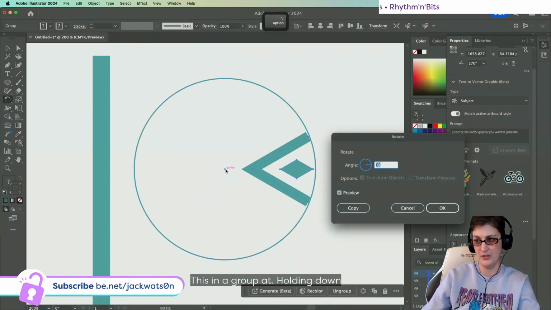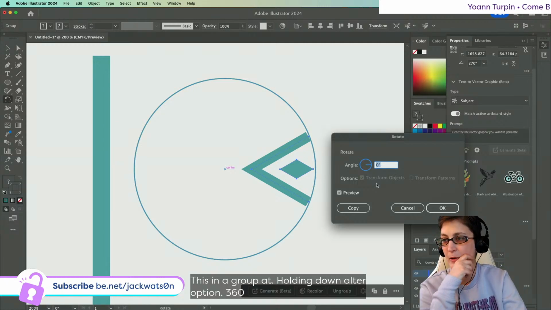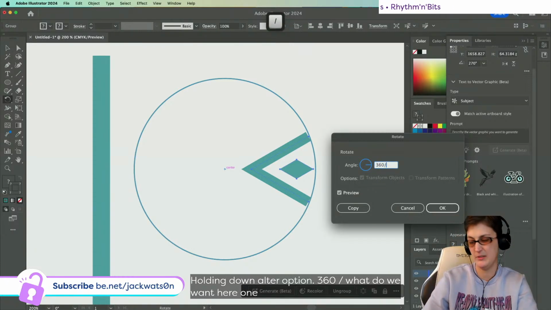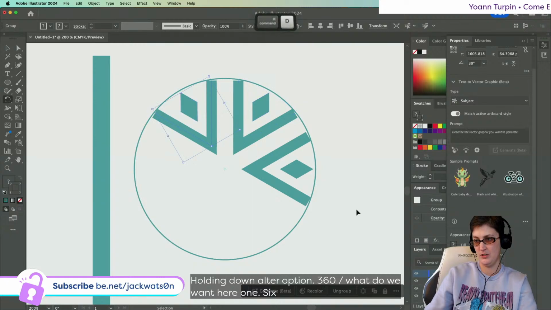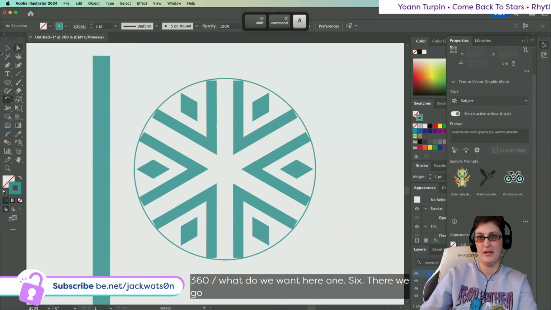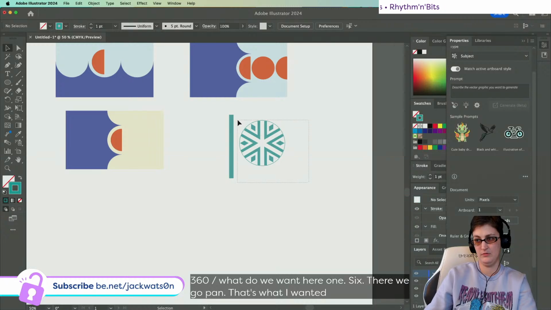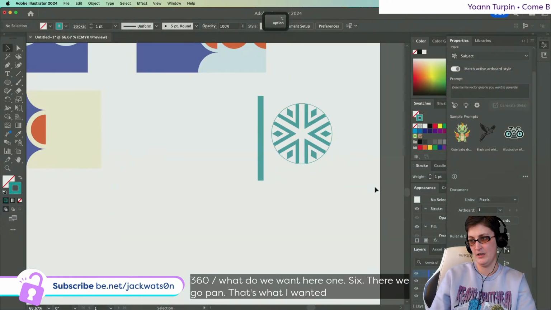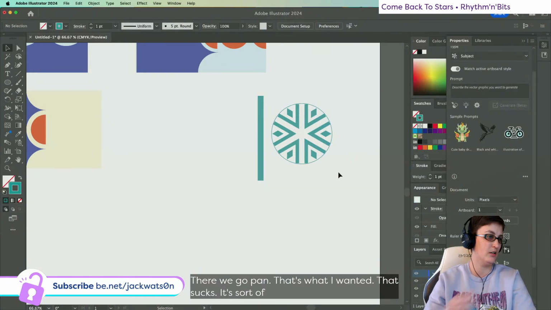Holding down Alt or Option. 360 divided by what do we want here? 12, 6. There we go. Bam. That's what I wanted. It's compassy. It's sort of tree-like.